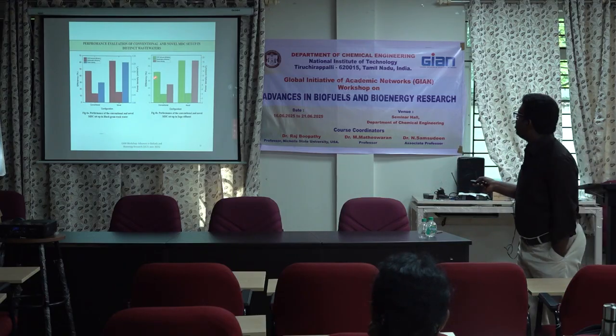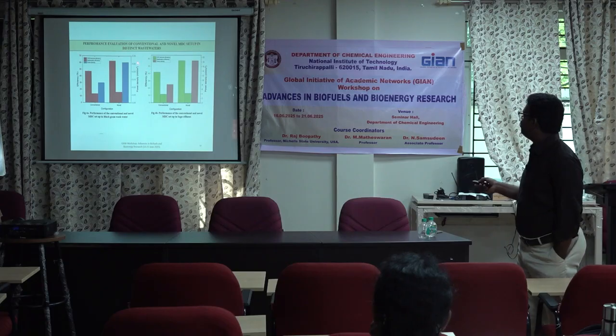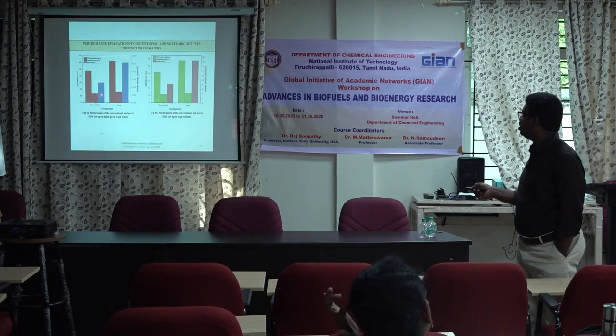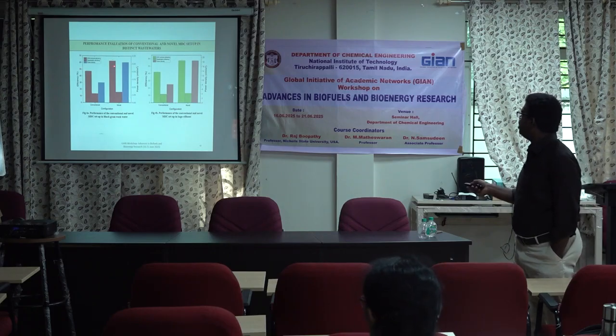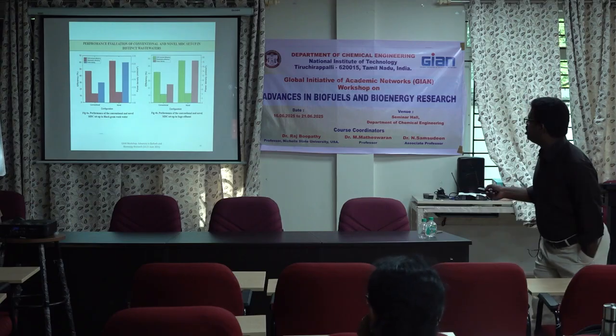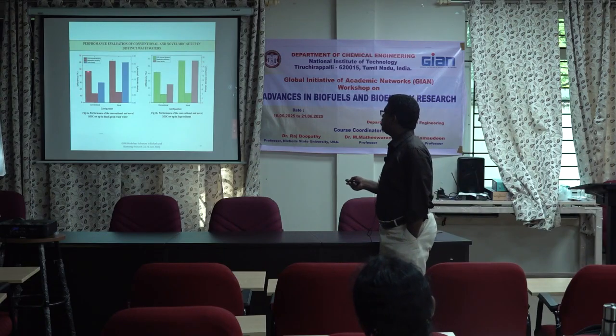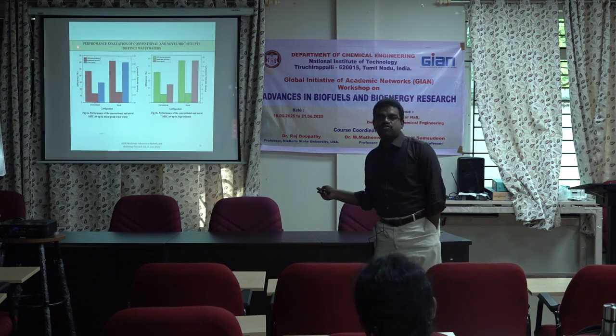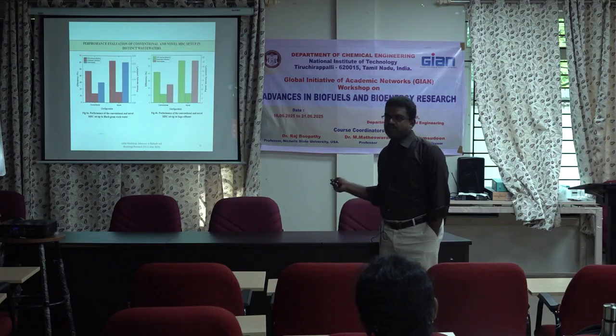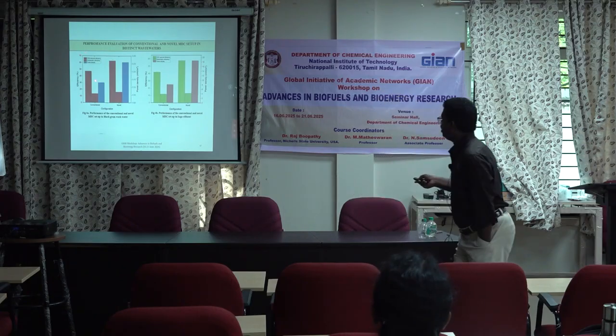We observed a maximum power density of 0.25 milliwatt per meter squared, but with the conventional one we got a much lower number, around 0.20. Efficiency wise, COD removal efficiency is 45% there, but here we achieved nearly 65% wastewater treatment efficiency.